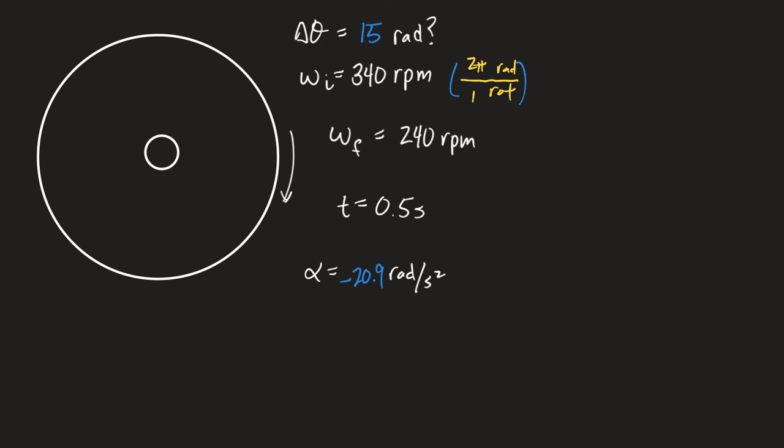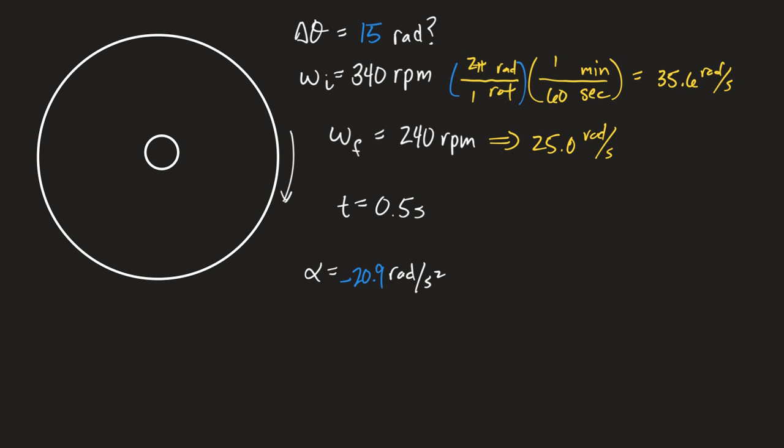Now that gives me radians per minute. I'll cancel it with minutes in the numerator and seconds in the denominator, so it's going to be radians per second. That's going to be 60. So I take my 340, multiply by 2 pi, and divide by 60. And that's where I got 30.6 radians per second. I do the same thing here, and that's where I get 25.0 radians per second.